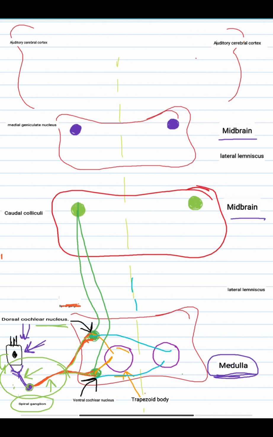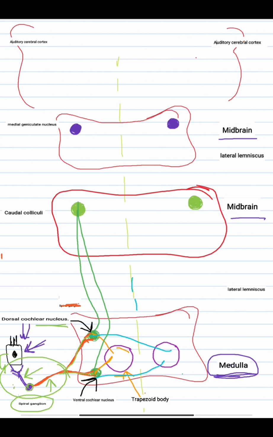So they are leaving the medulla to the midbrain. Finally, the fourth type of nerve fibers leave directly to the caudal colliculi, but of the other side, cutting or crossing the midline.